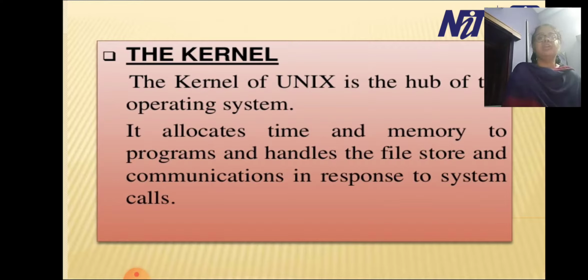Code running in kernel mode has unrestricted access to the hardware, while user mode restricts access to the CPU and the memory to the system call interface. A similar separation exists for memory. The separation is done in the form of kernel space and user space.